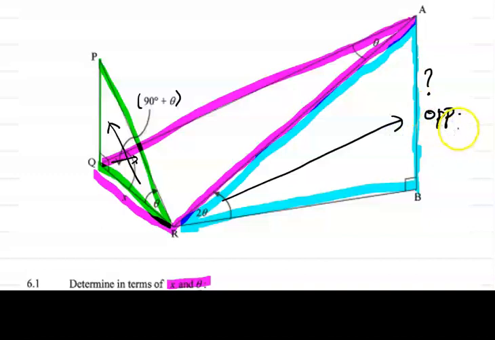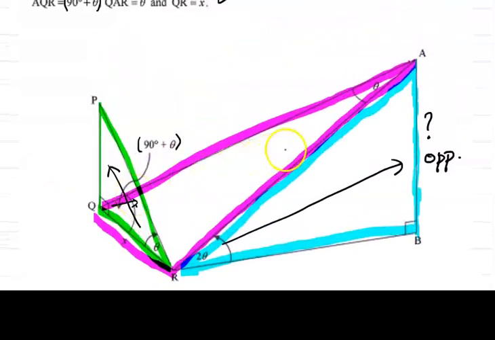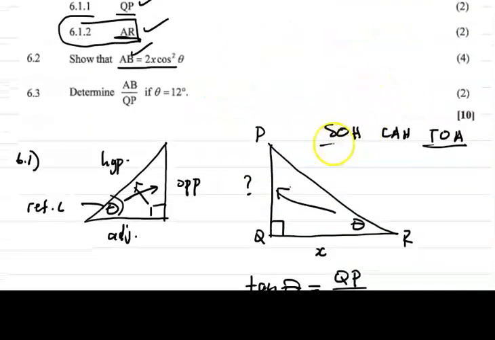Now look at what we've already solved for. So we've already solved for AR in 6.1.2. So therefore the other side that we are going to include is AR. So that will leave us with the opposite over the hypotenuse, which is going to be sine. So there it is here. Sine is opposite over hypotenuse.